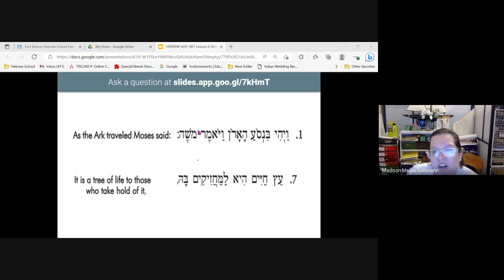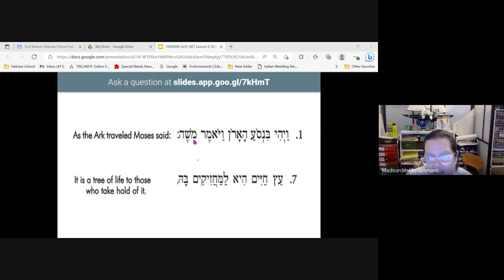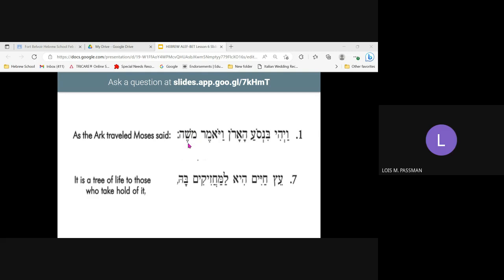Let's try this right here. On line 1, the very last word on line 1, right before the end, can someone tell me what that word is? Is that an M in the first one? Yep, an M and an S, and maybe that's one of the H's at the end.